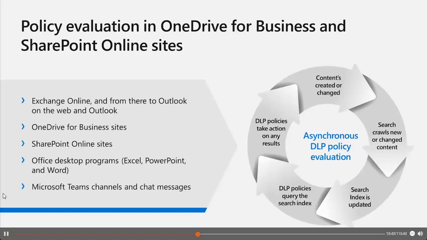The policy evaluation in Exchange Online, Outlook and Outlook on the web works like this: if you create a DLP policy that includes Exchange Online as a location, the policy is synced from the Office 365 Security and Compliance Center to Exchange Online, and then from Exchange Online to Outlook and Outlook on the web. So when a message is being composed in Outlook, the user can see policy tips as the content being created is evaluated against the DLP policies.